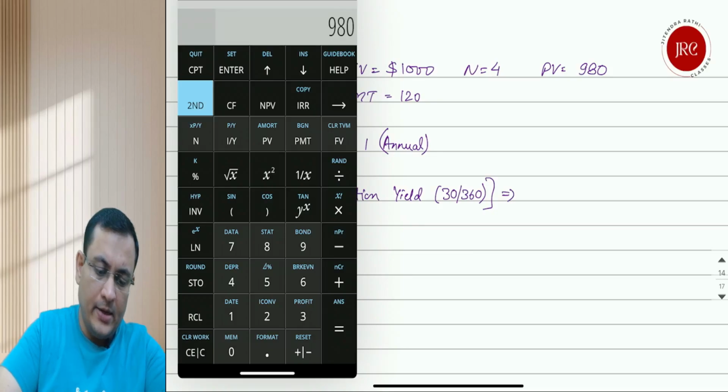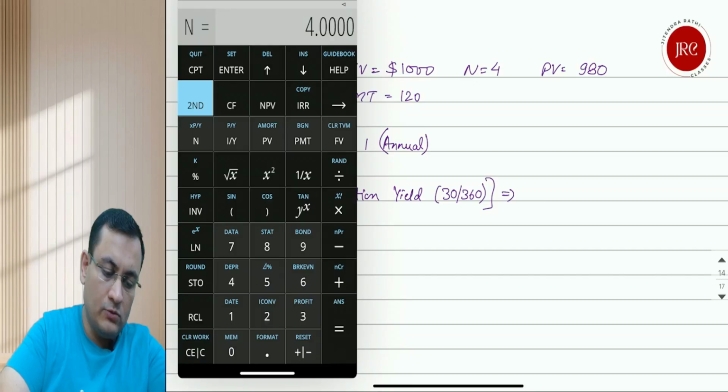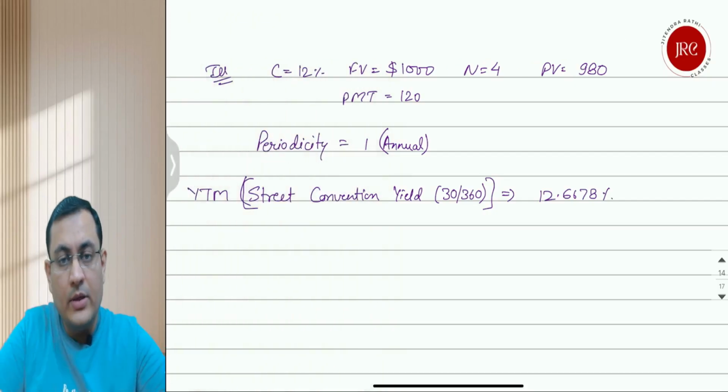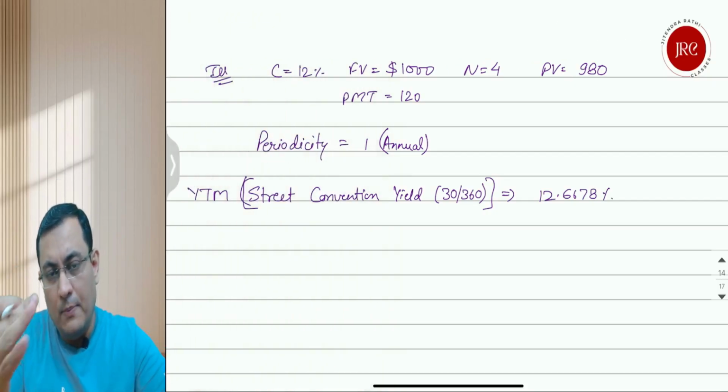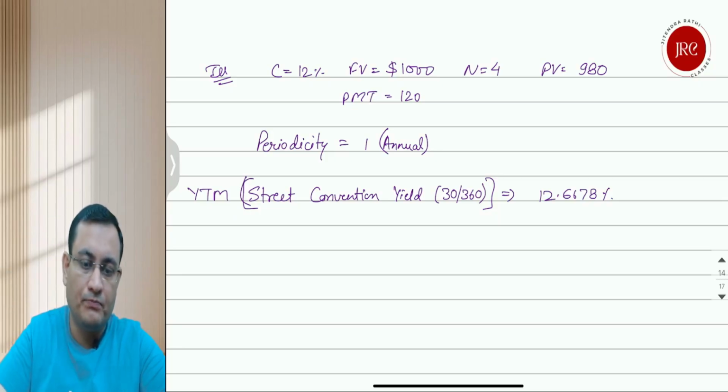It is 980 negative, 120 positive, 1000, 4 years, we got a YTM of 12.6678%. Now, when we have done this calculation, we have assumed that all payments will be made on the scheduled date. There will be no impact of holidays.